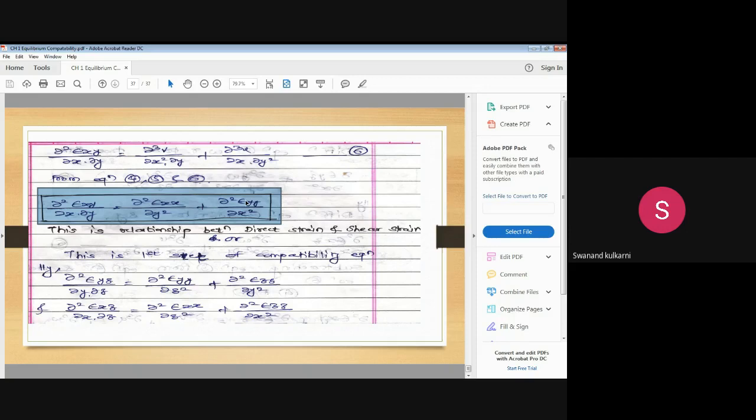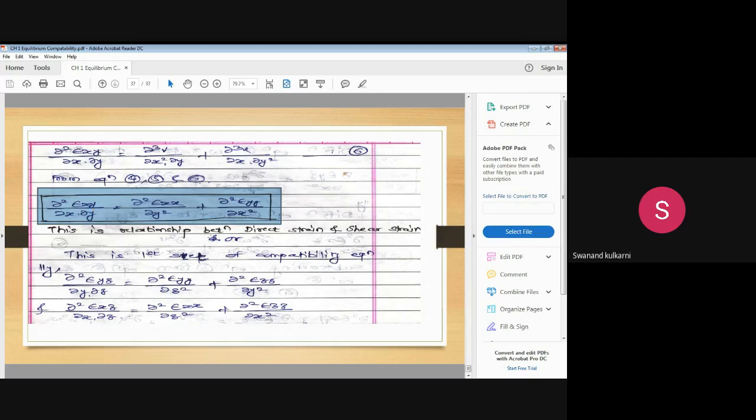∂²εxy/∂x∂y is equal to ∂²εxx/∂y² plus ∂²εyy/∂x². So here you can understand these things.